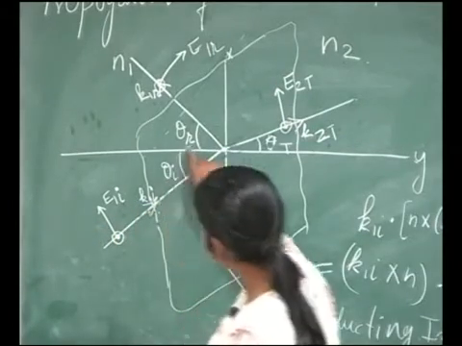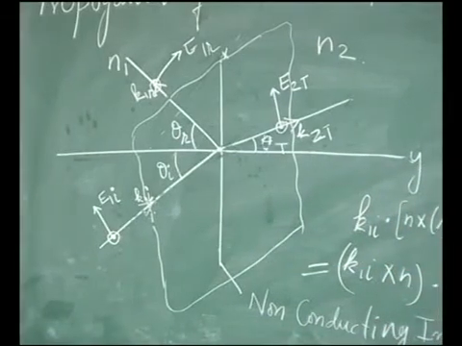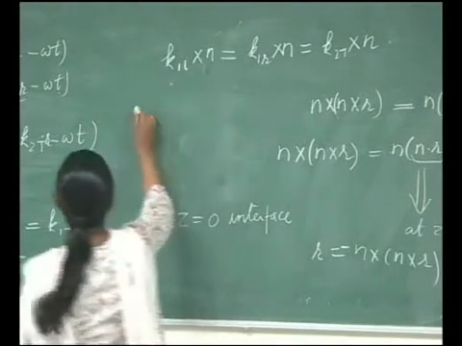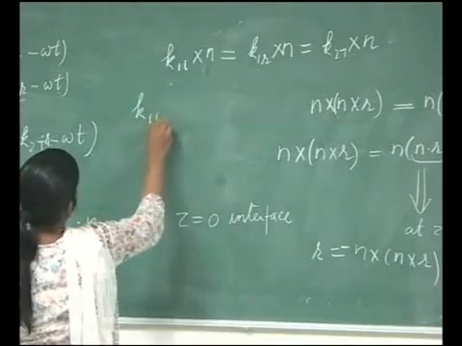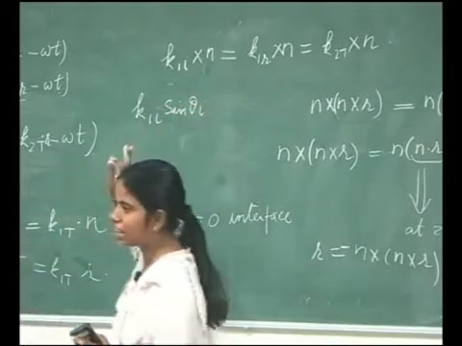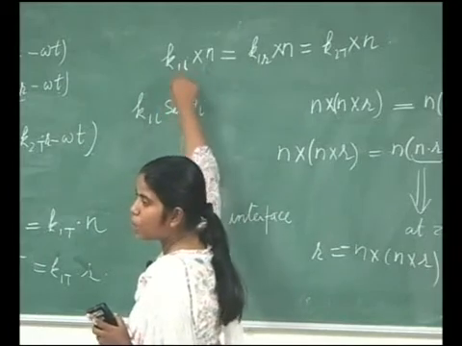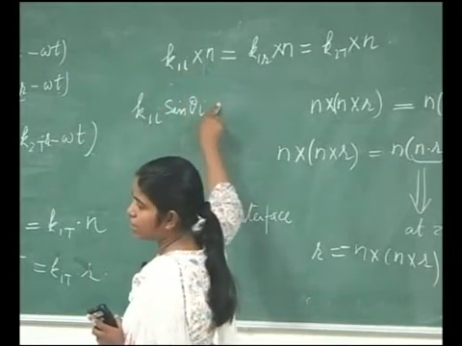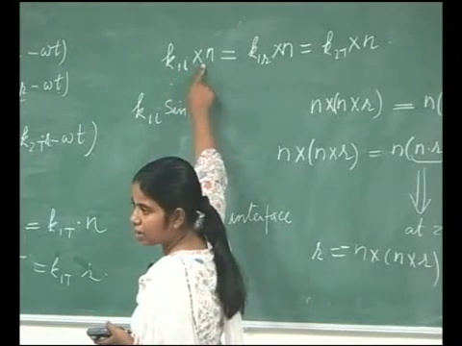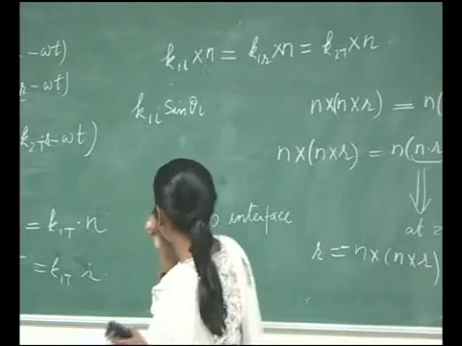Here you can tell, this angle is theta. That's good. So from this point I can say that the component is k1i sin theta I. If you do not understand like that, no issues, you just multiply them: mod of k1i, mod of n into sin theta I, that should be the angle between k1i and n. Mod of n is 1 because it is a unit normal vector.